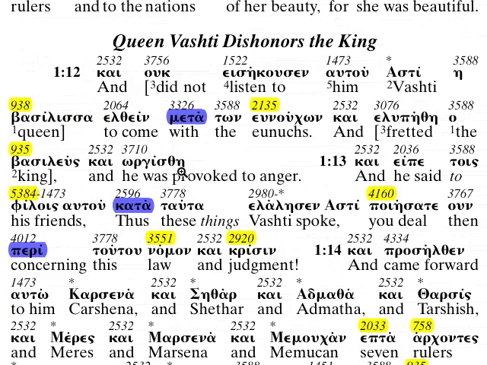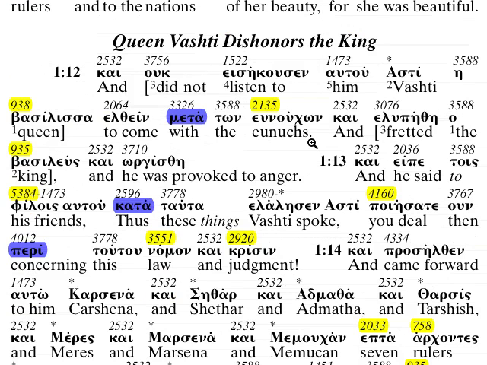And Queen Vashti did not listen to him. Meta, with. There's another preposition, meta, with. It could be other ways, after, but meta with the genitive here, with the eunuchs.